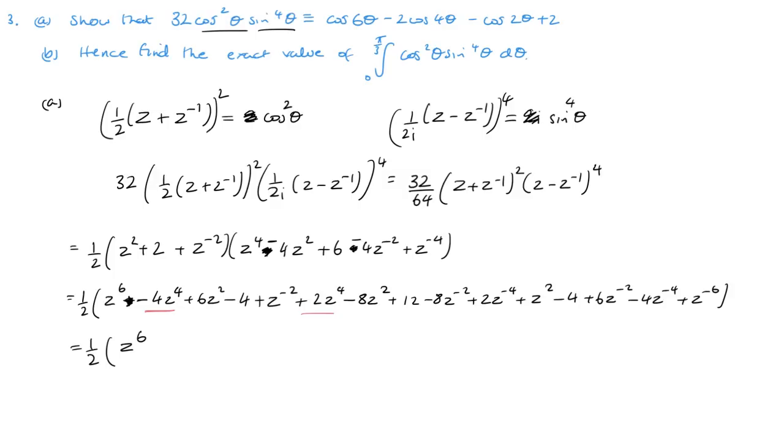And that's it, isn't it? So I've got minus 2z to the power 4. Then if we look at the squares, I've got 6z squared there. I've got minus 8z squared there.